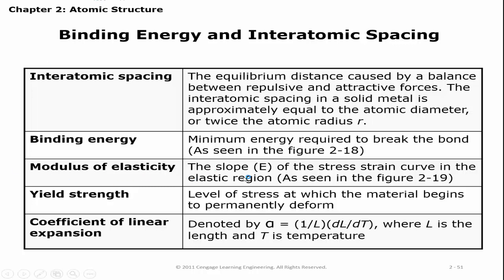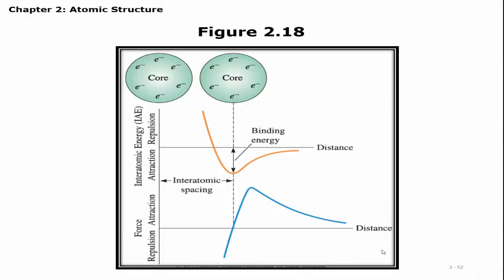We have the modulus of elasticity, which is the slope of the stress-strain curve in the elastic region, and the yield strength, which is the level of stress at which the material begins to permanently deform. Finally we have the coefficient of linear expansion, denoted by alpha. This is the equation where L is the length and T is the temperature.